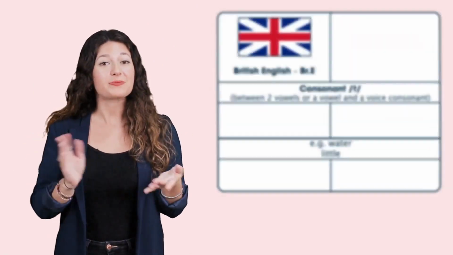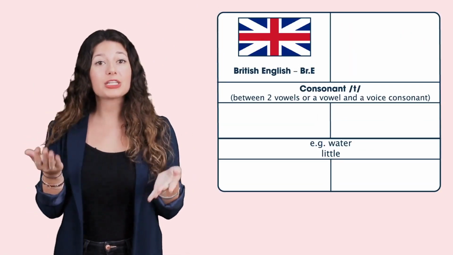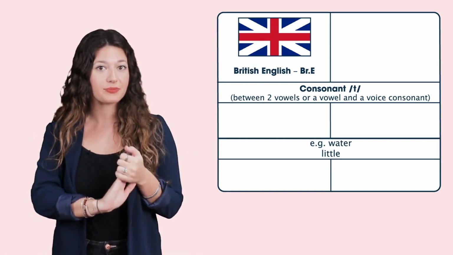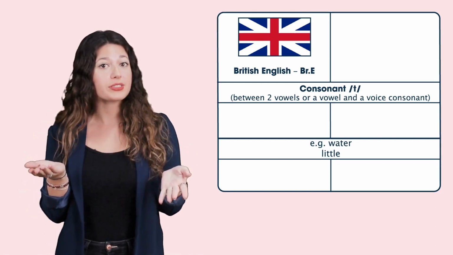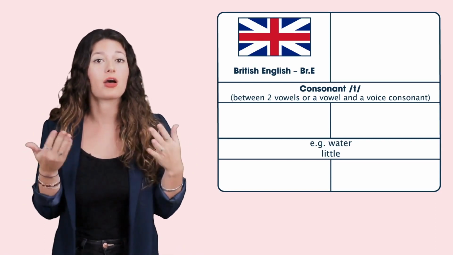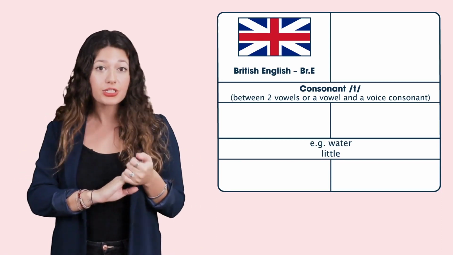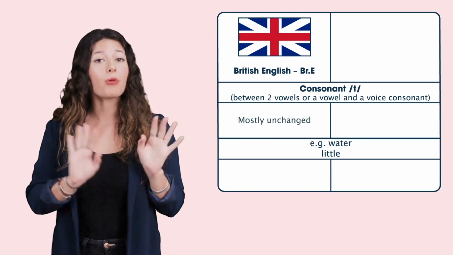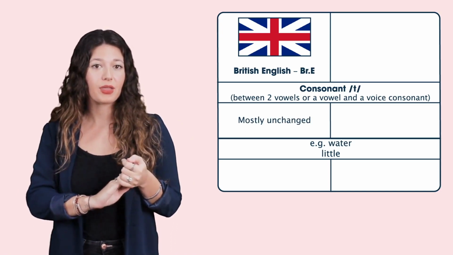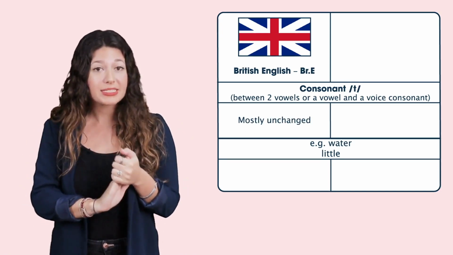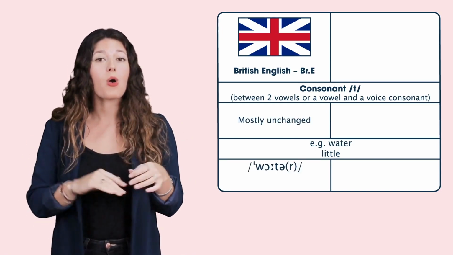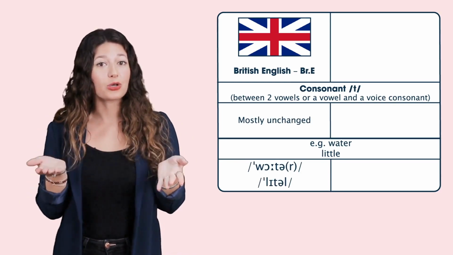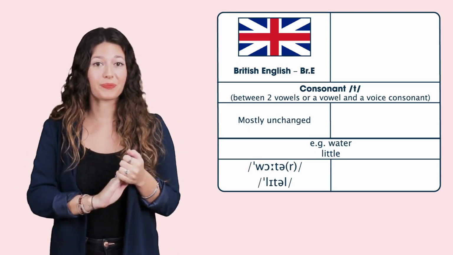Another big difference between American English and British English is the T sound, when it is between 2 vowels or a vowel and a voiced consonant. In British English, the T sound here mostly stays the same. For example, people say water, little.